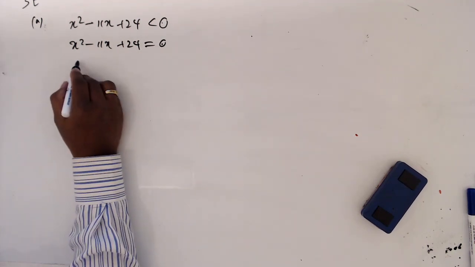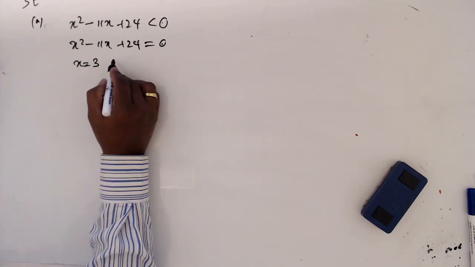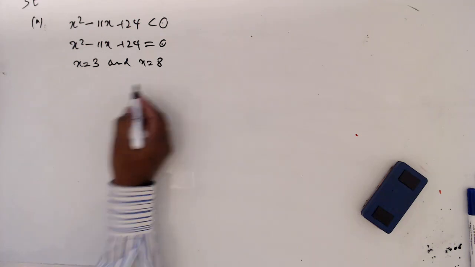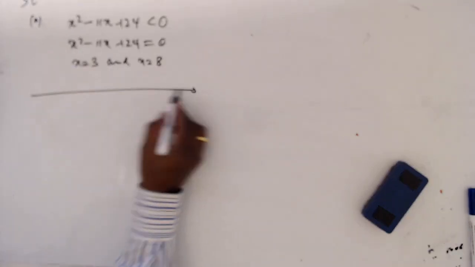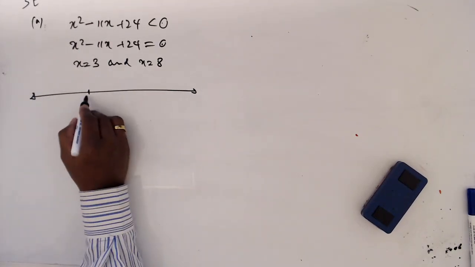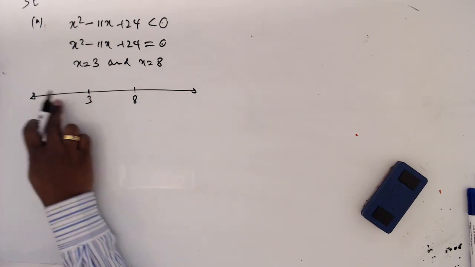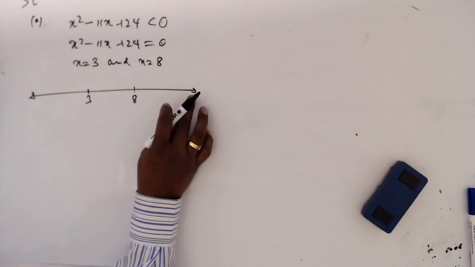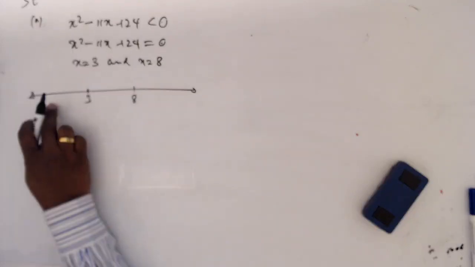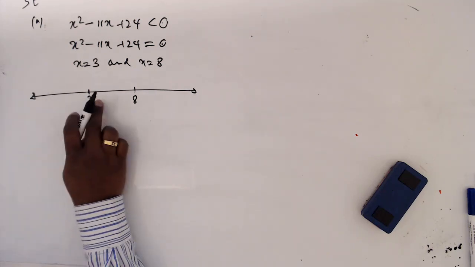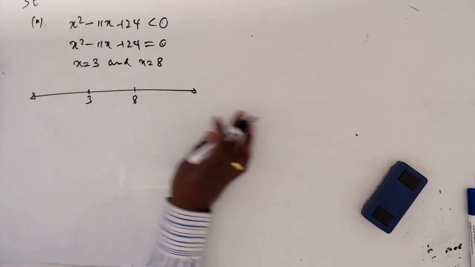We did this earlier; the roots are x equal 3 and x equal 8. When we know the roots, we mark them on the number line. Now we can see this number line is divided into three intervals: less than 3, between 3 and 8, and greater than 8.